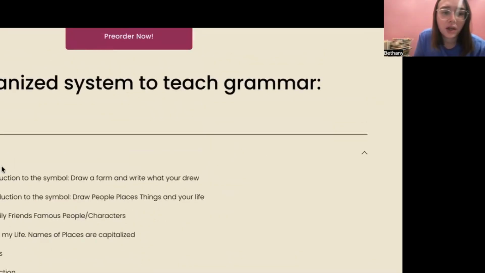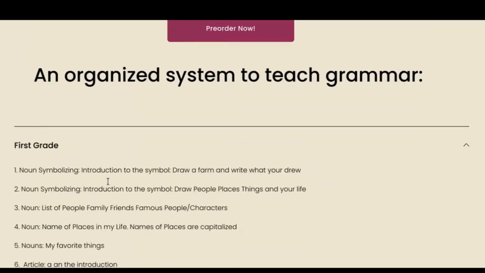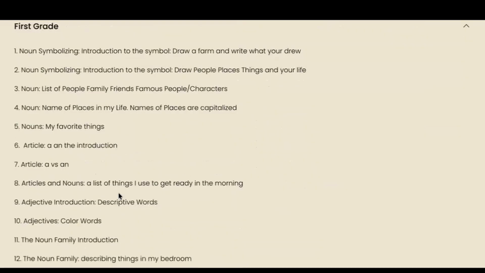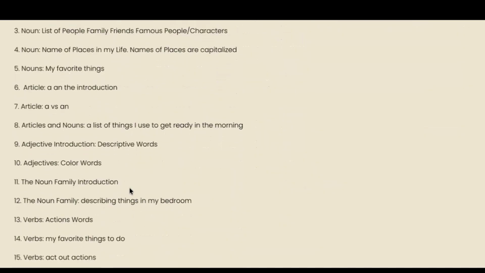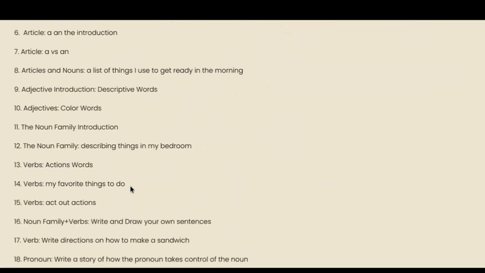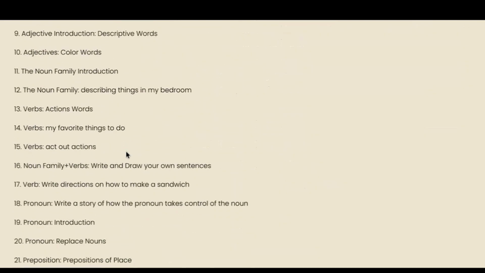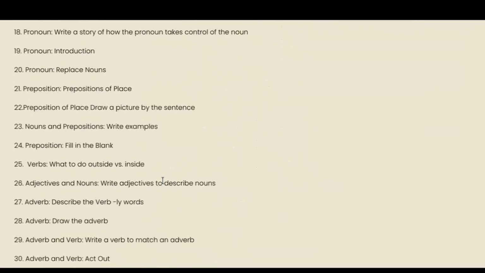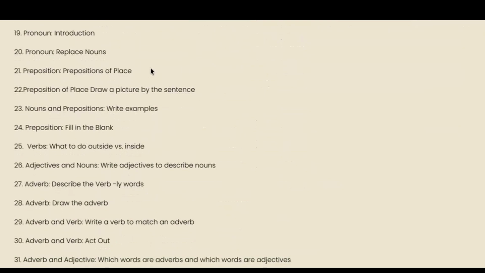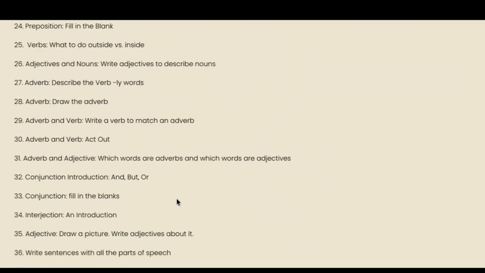So for first grade, it's basically nouns to begin with, and then articles, a noun, adjective, introduction. My favorite thing for first years is the noun family. I always have them cut out nouns and put them, I've done that for years and years, and then verbs, and then noun family and verbs, and then pronouns, prepositions, verbs, and then it goes back to review some stuff they've already learned, because I don't want to introduce the adverb, conjunctions and interjections too soon.